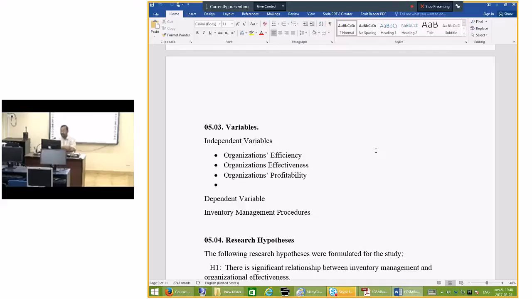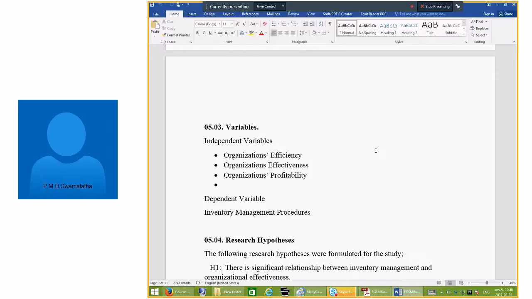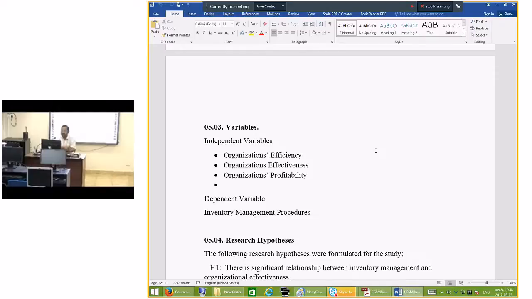Then the dependent variable is efficiency, and the independent variable is inventory management procedures. I don't know why you use efficiency, effectiveness, and profitability. That is wrong. Take one, profitability, as the variable. Delete the others. Don't submit like this. You may fail your examination. That's why I asked you to present your document before.